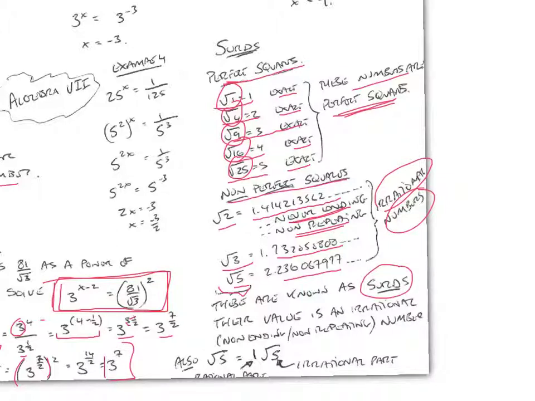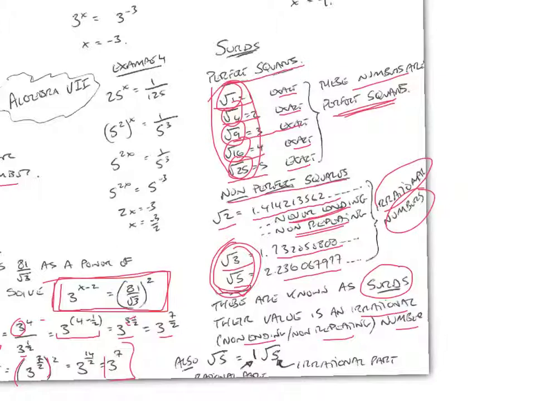Their value is an irrational, non-ending, non-repeating number. The value of a surd gives an irrational number which is non-ending, non-repeating, goes on forever.